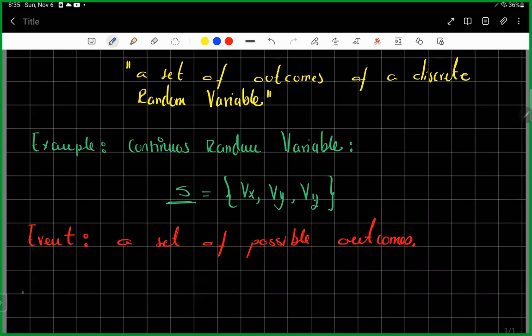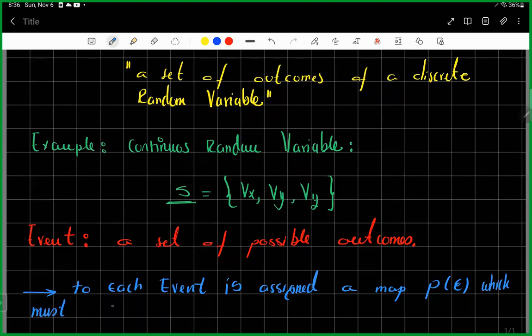So we can just state the following: to each event is assigned a map P of E, where E is the event, which must satisfy the following properties.